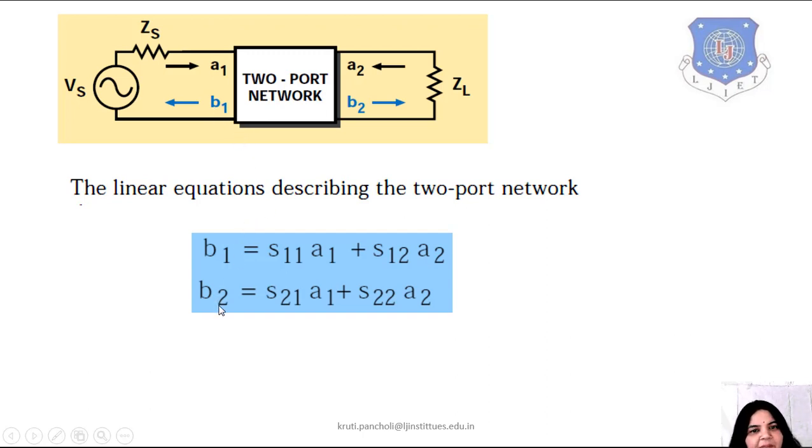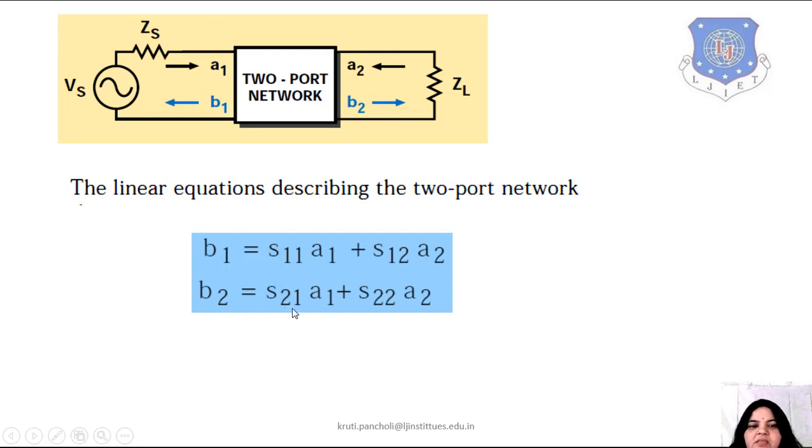Similarly, I can write the linear equation for B2. B2 is S21. What is the first letter? The first letter describes the reflected wave, from which port we have the reflection. So S2 means you are getting the wave at port number 2, and the 1 means the incident wave is transmitted at port number 1.